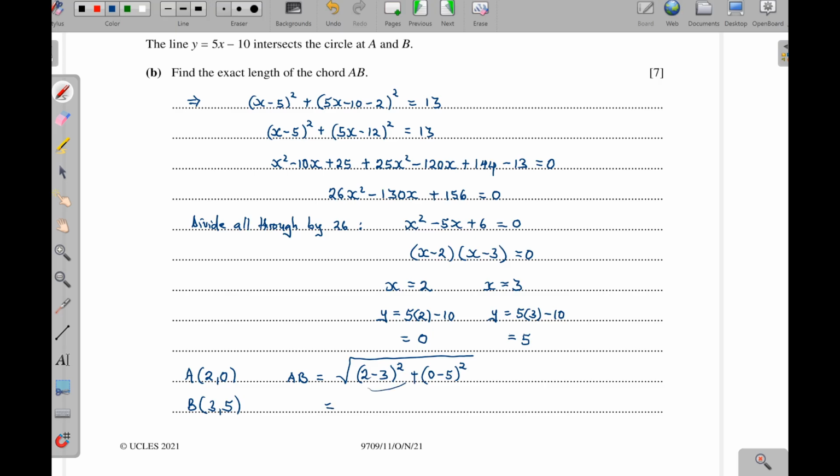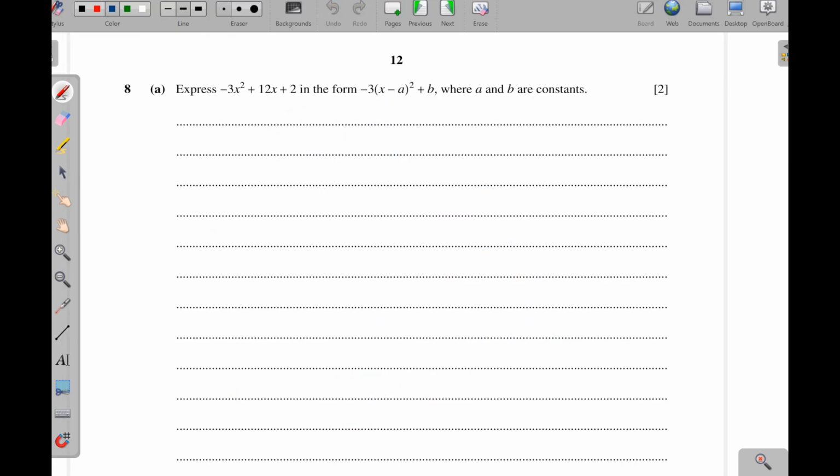We have -1 squared, that will be 1, and -5 squared, that will be 25. So 1 plus 25 will be the square root of 26, and this becomes our answer. Remember, they said exact length, and this one is not a perfect square, so we just leave it there as root of 26.